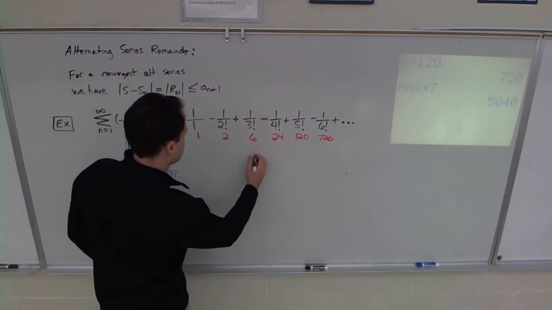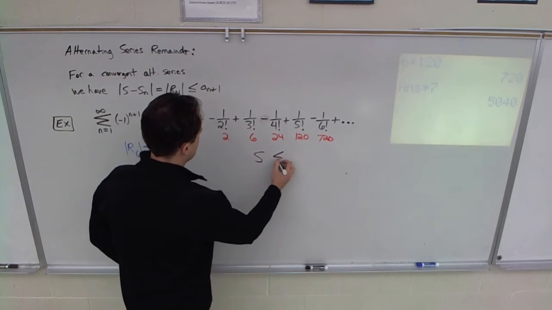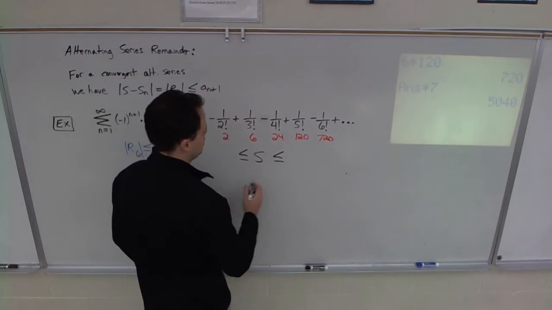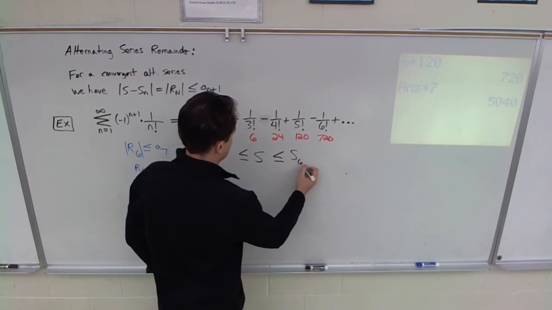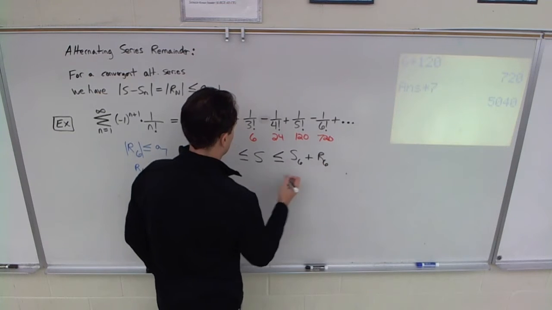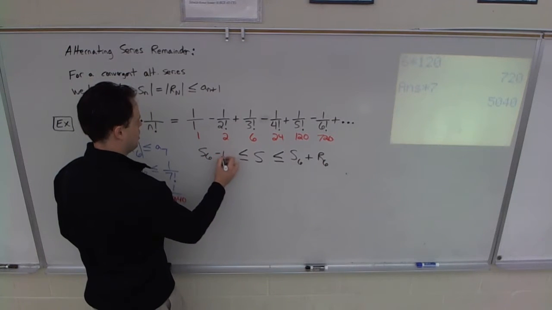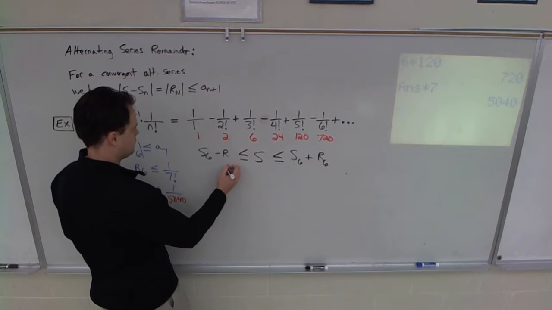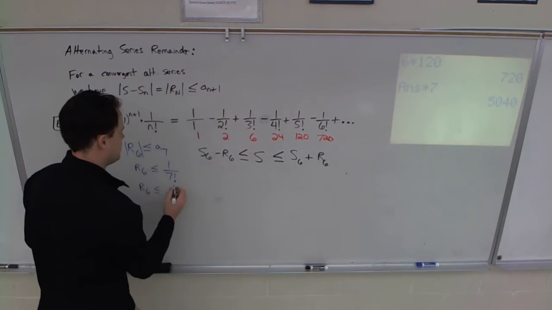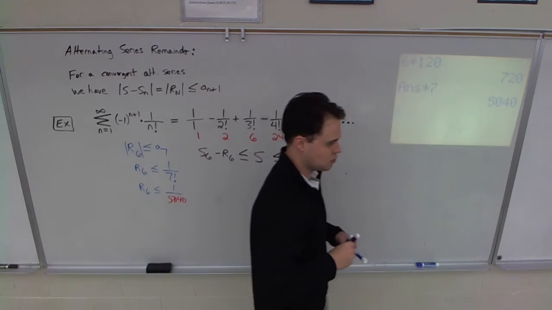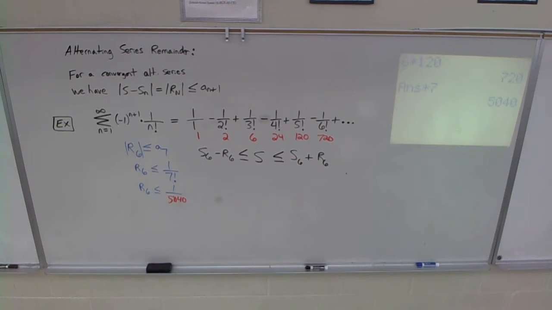So this says the actual convergent value of the series is going to be between 2 things. You're going to be between s sub 6 plus that remainder, and s sub 6 minus that remainder. So s sub 6 we can figure out by just adding up those first few terms. So we're going to have 1 minus 1/2 plus 1/6 minus 1/24 plus 1/120th minus 1 divided by 720.